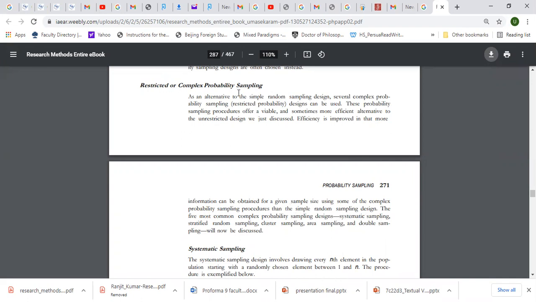Restricted or complex probability sampling can be done through these methods: systematic sampling, stratified random sampling, cluster sampling, area sampling, and double sampling.